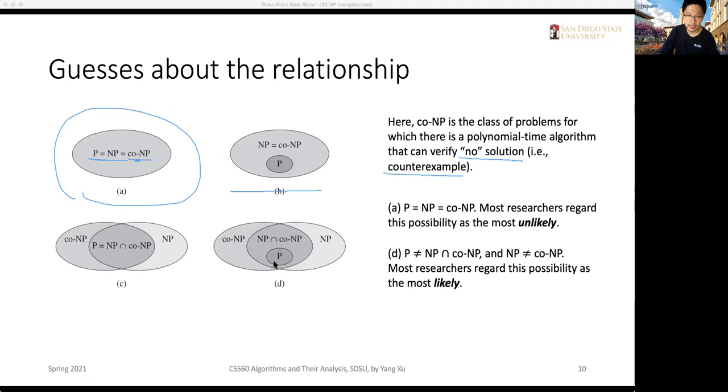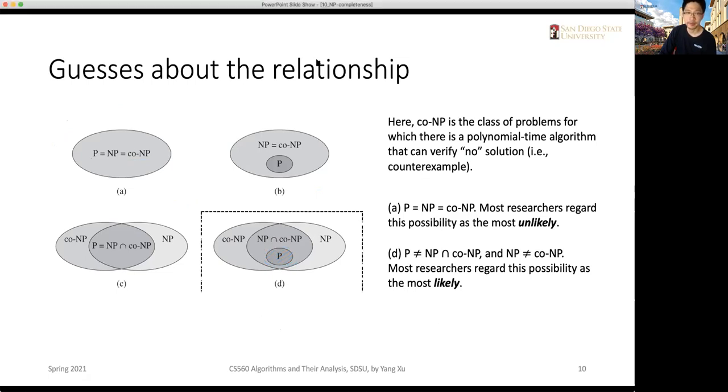And the last type is that P is only a small subset of the intersection between NP and co-NP. Most people currently believe that D is the most likely. That means only a small set of problems are actually solvable within polynomial running time, according to this guess. A lot of other problems are not actually solvable, but at least some of them are verifiable.